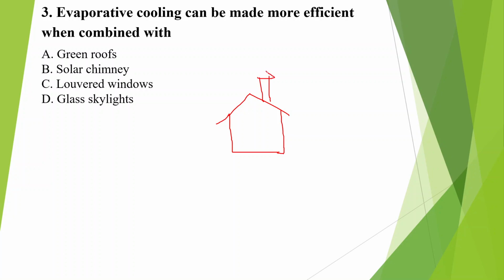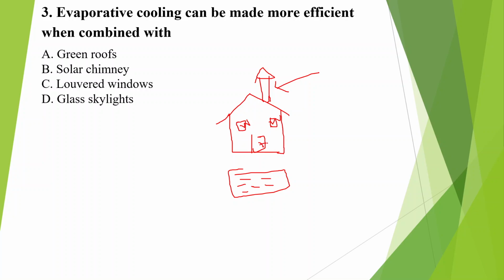Meanwhile, let me draw some diagram for others to understand the question carefully. This is the draft for now. This is something like water bodies, you can say. This is the front view of your house. These are the windows.